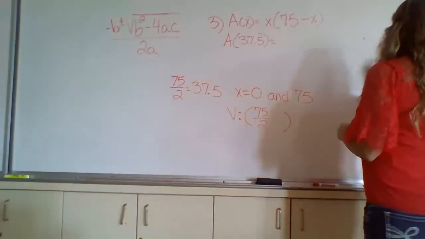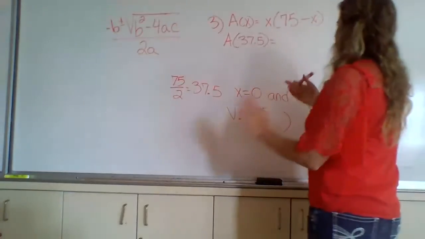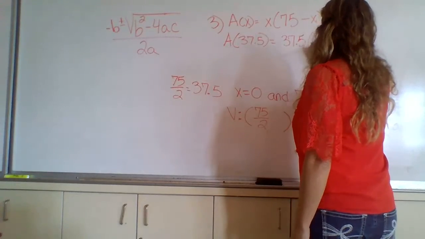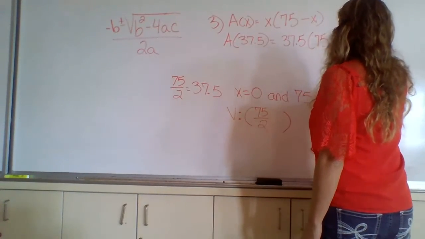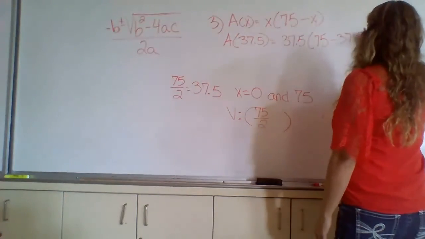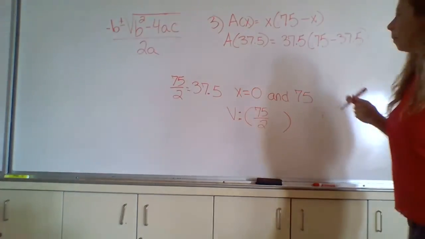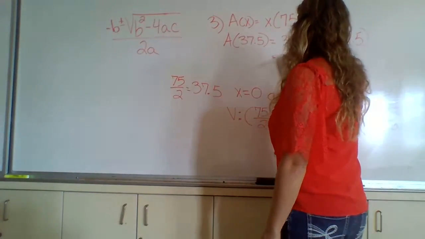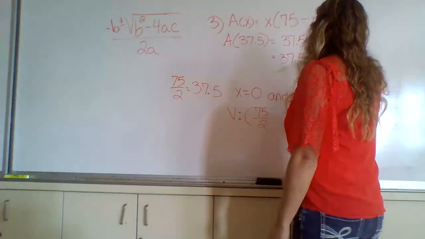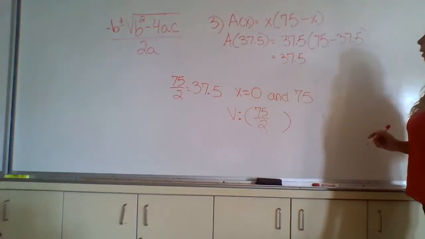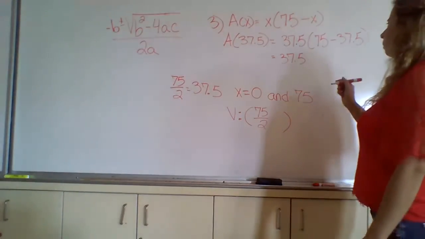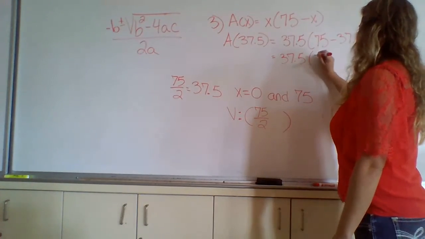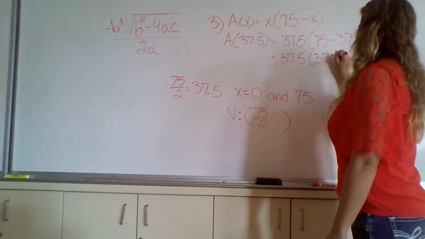So it's A of 37.5 equals 37.5. Just rewrite that. And then 75 minus 37.5. Well, that's half of it. So 37.5.